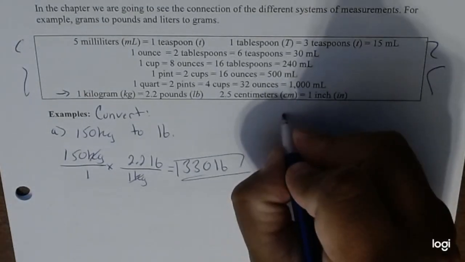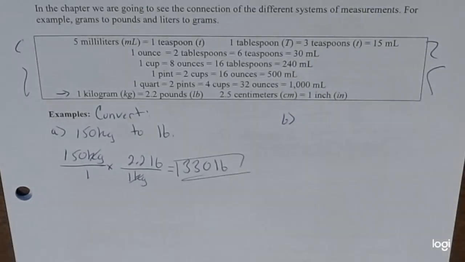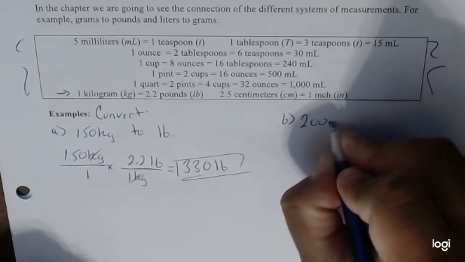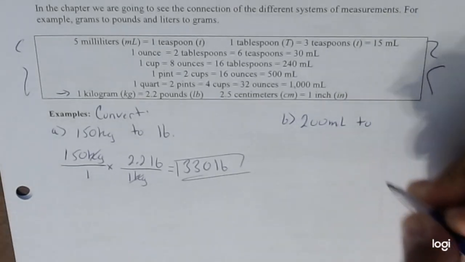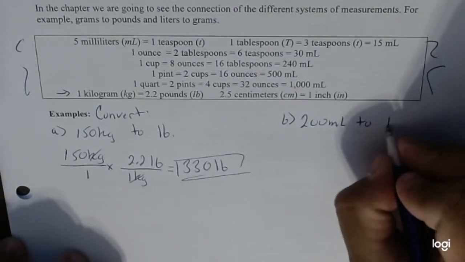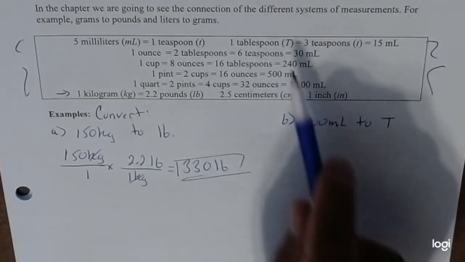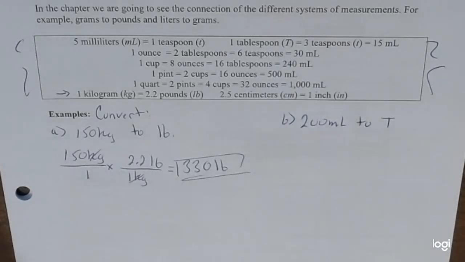All right, let's try another one. Let's suppose we want to convert 200 milliliters to tablespoons, T. Just in case you forgot, I still have them here so you can see the T's and the mLs. Don't stress too much about it.